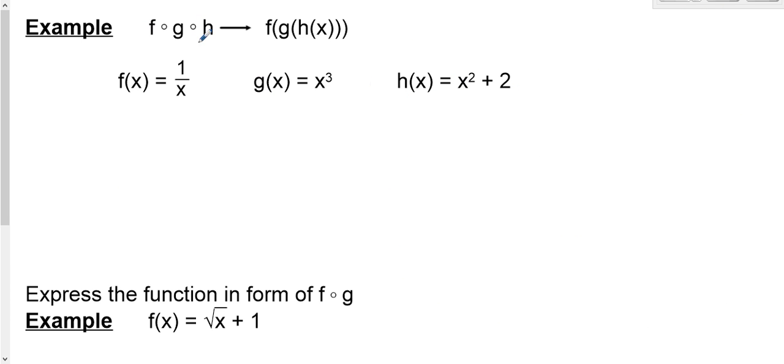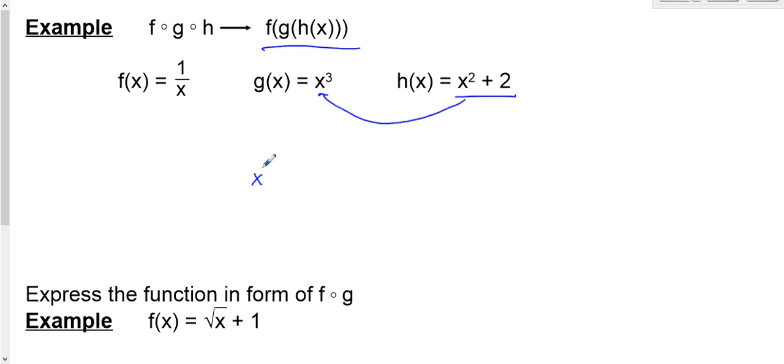Now let's look at this example where we have three functions, f of g of h, also written like that. We have f of x is 1 over x, g of x is x cubed, and h of x is x squared plus 2. So this x squared plus 2 is going to go in for x in the g of x.